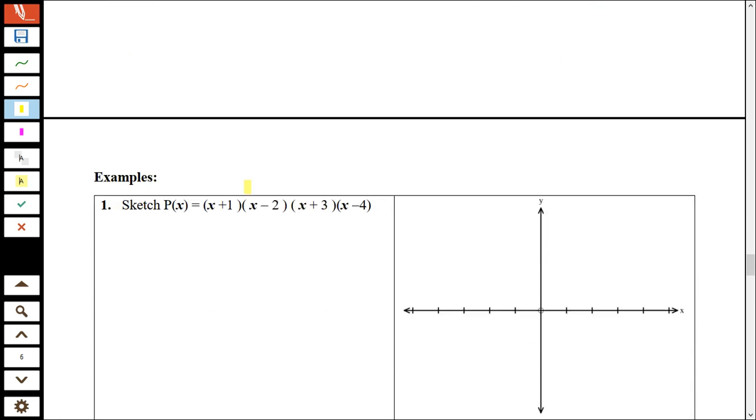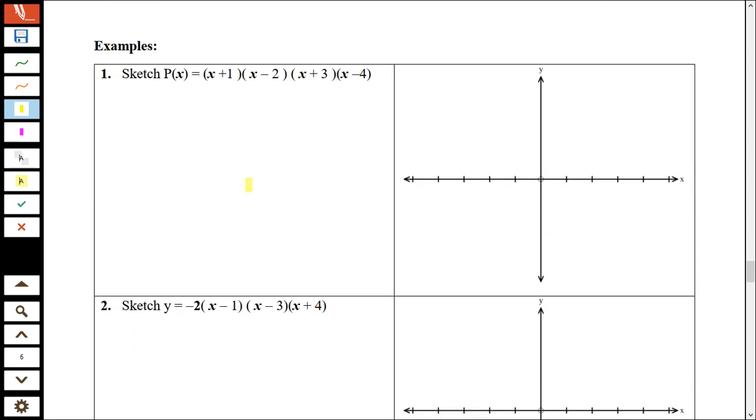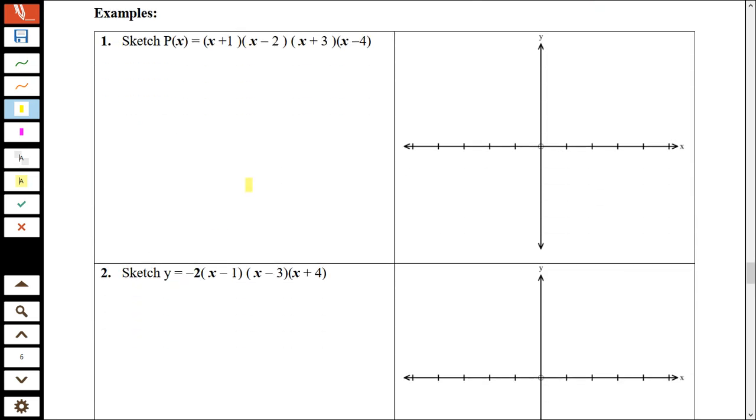All right. Now comes the action part. You're going to now sketch these polynomials. So first things first. Well, let's have a look at what the leading term looks like. Okay, leading term. Well, for the leading term, what have we got?